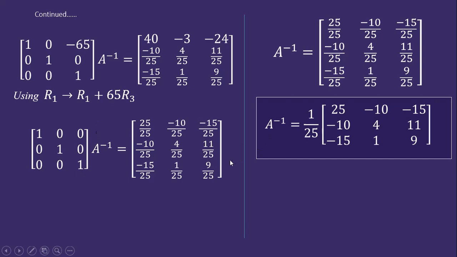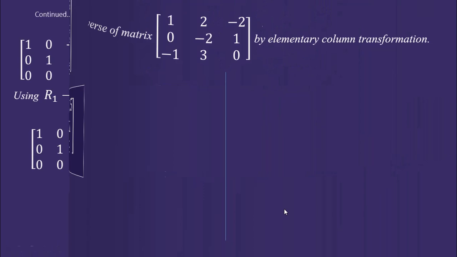Okay, so many times one or two elements of these 1 and 0 are already there, so we can find the inverse of this matrix by elementary transformation in at the most 9 transformations. Okay, so in 9 to 10 transformations we get the answer. So let us see one more example.